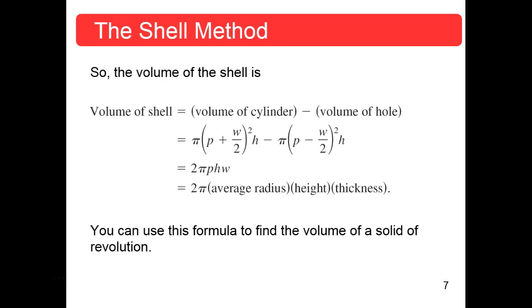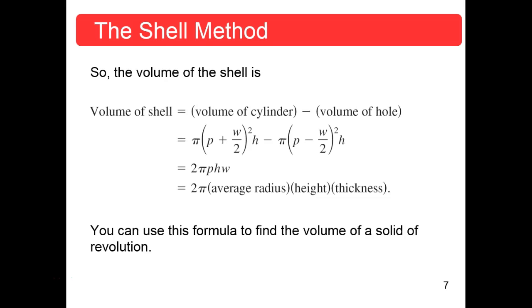Now, if you were to do the math here, which I hope you do, it's P squared plus twice the product, so 2 times W over 2, which is just W times P, so plus PW, plus W squared over 4, all times H, minus this.